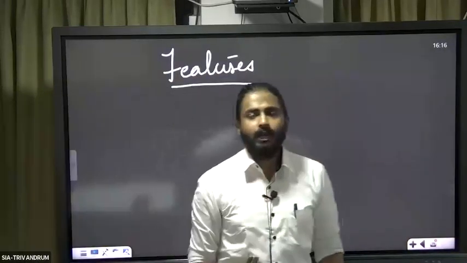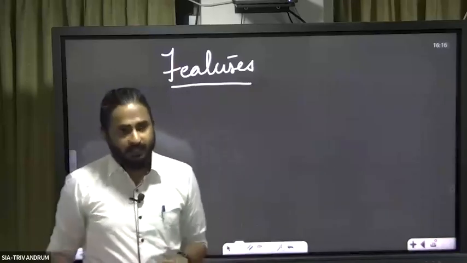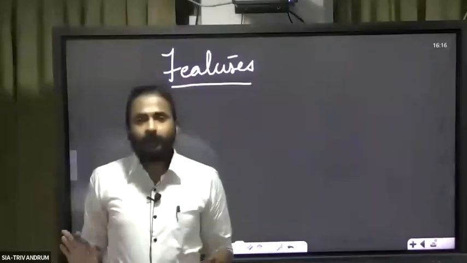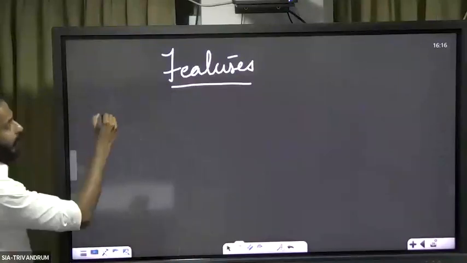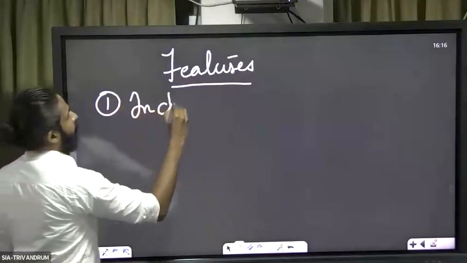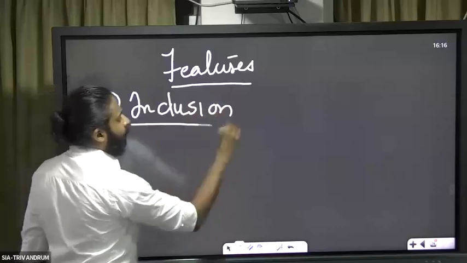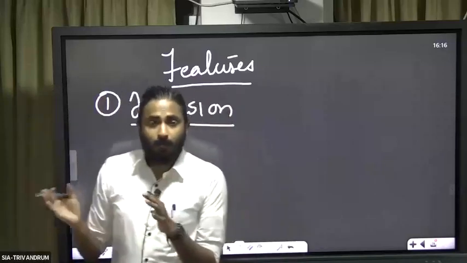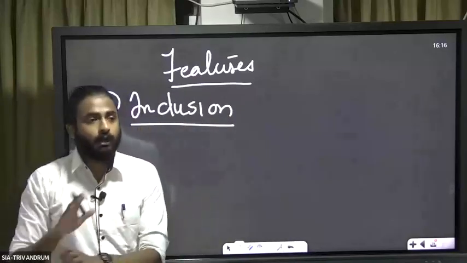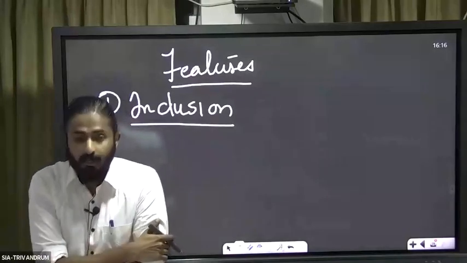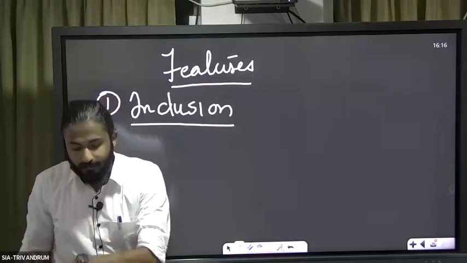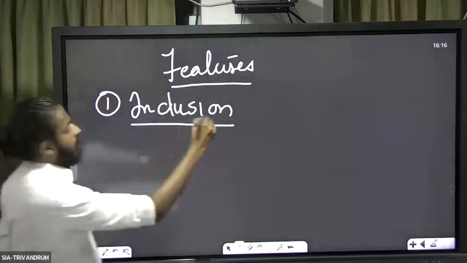The first point I want to emphasize about this STI policy is not directly related to STI, but it is related to inclusion. This is one major change we are trying to incorporate in this STI policy. That is, we are trying to bring an equity and inclusion charter.